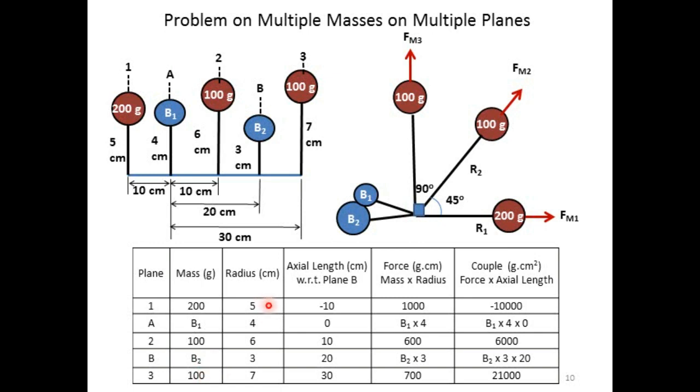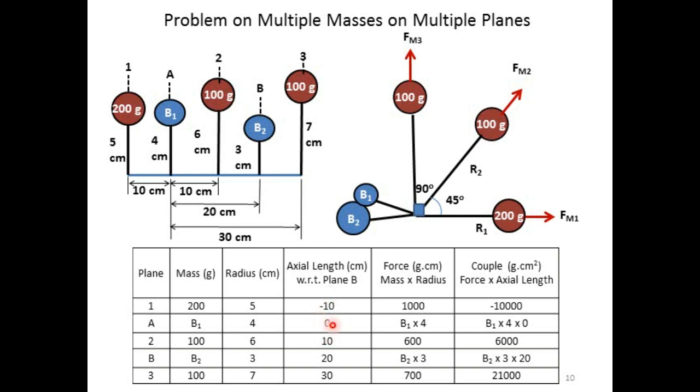The radial distances are 5, 4, 6, 3 and 7 centimeter. The axial distances are -10, 0, 10, 20 and 30.